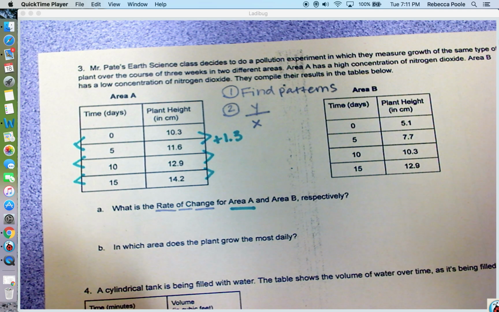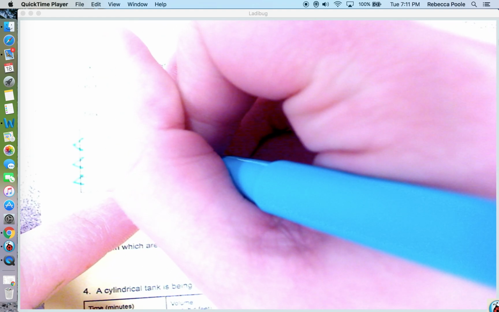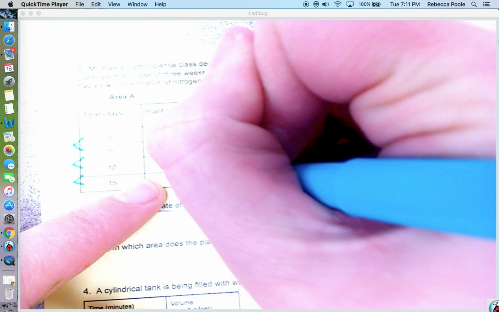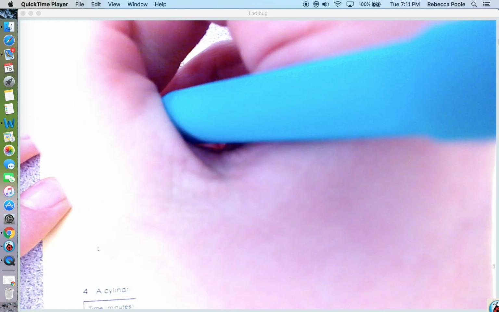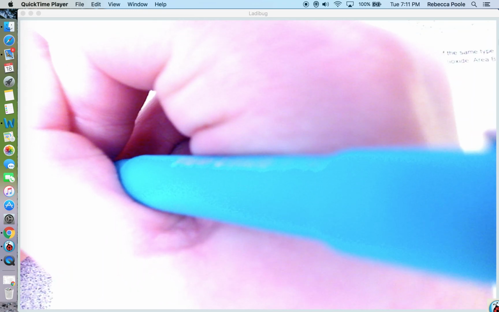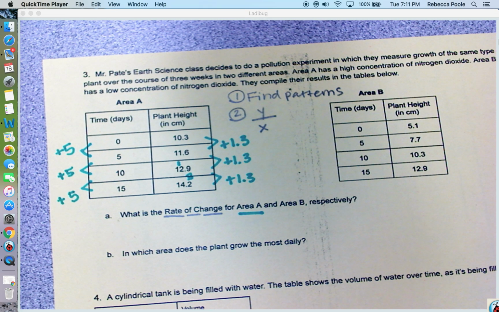So if you're good at your mental math, you can also tell that these are 1.3 away, and even these, because 9 plus 3 makes 12, carry the 1. 1 and 2 makes 3, plus 1 more would be 4, right? So all of those are 1.3 away. And then for the left-hand side, the x's, 0 to 5 would be plus 5, 5 to 10 would be plus 5, and 10 to 15 would also be plus 5.